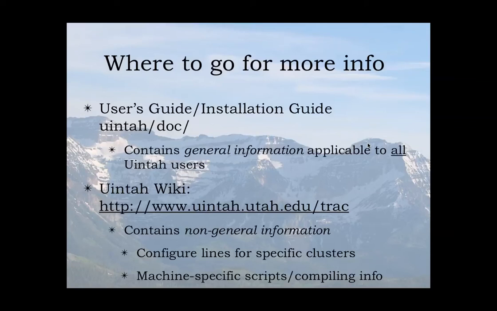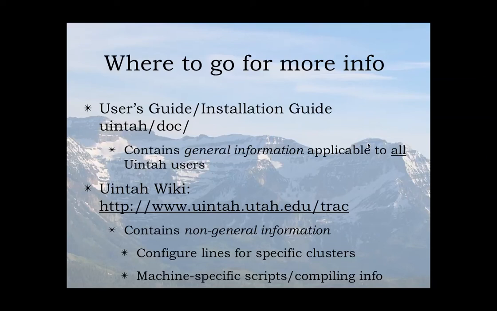And just to point you to more information, there's the user's guide and the installation guide. Those are located in Uinta and Doc. The intention is to have those contain any information that's applicable to all users of Uinta, no matter what computer they're running on, no matter where they're running.